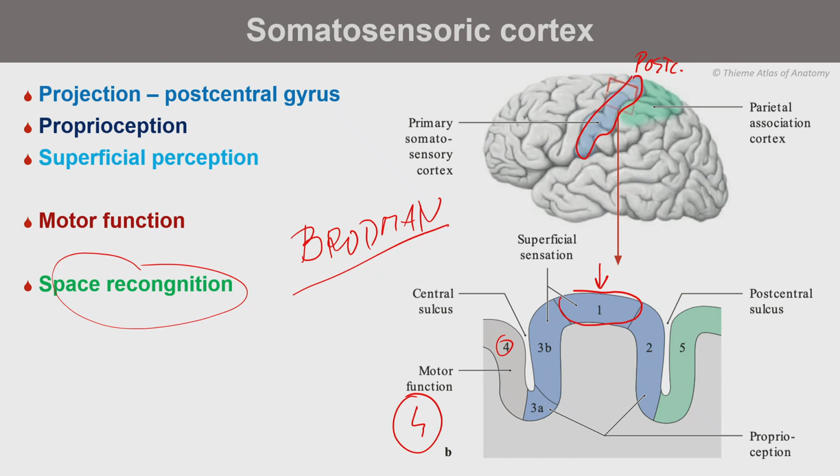Then we have subterritories 3B and 3A and 2. And we see here that the proprioception information is going into those parts of the gyrus. The top here is tactile, and here is proprioception.